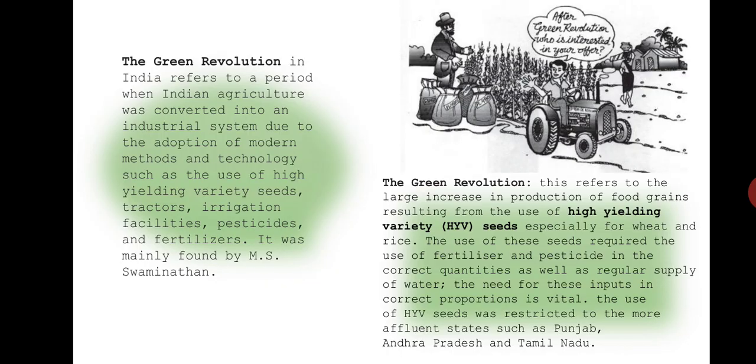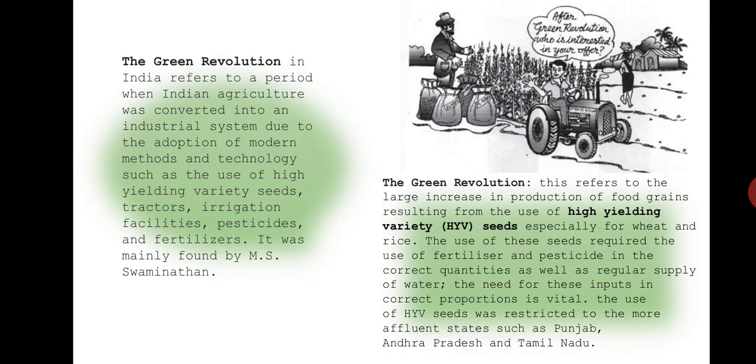India had earlier imported wheat from the USA under Public Law 480, PL 480, and by the introduction of the green revolution program, India produced more crops and reduced imports from the USA.